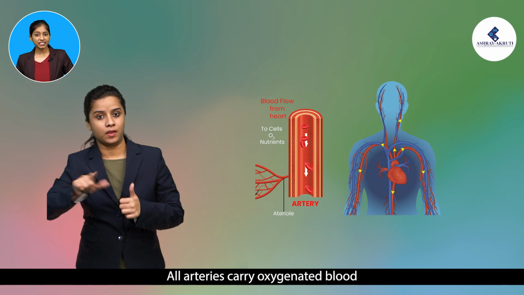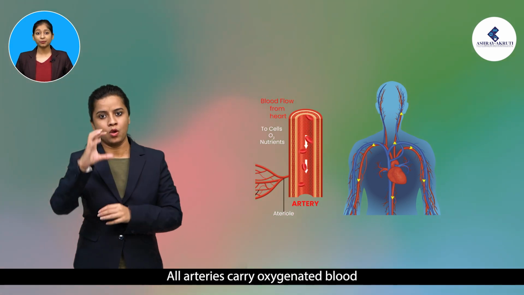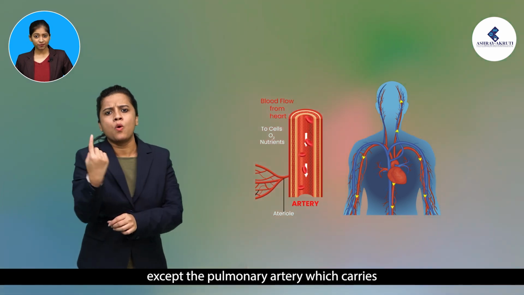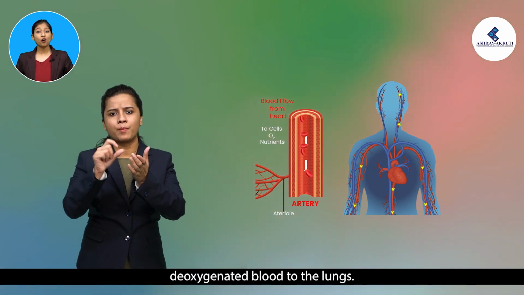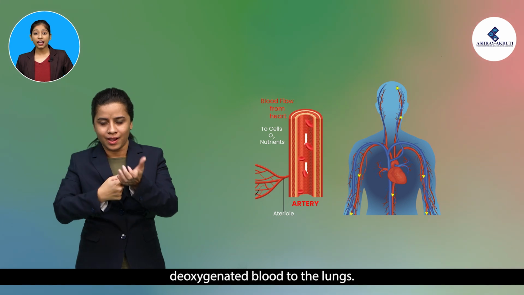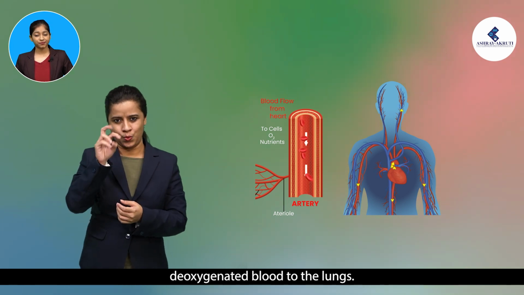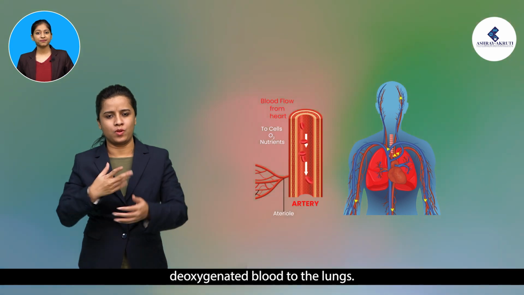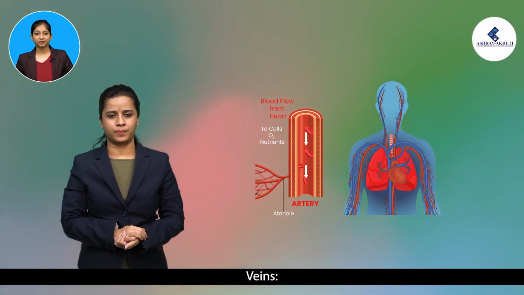All arteries carry oxygenated blood except the pulmonary artery, which carries deoxygenated blood to the lungs. Veins.